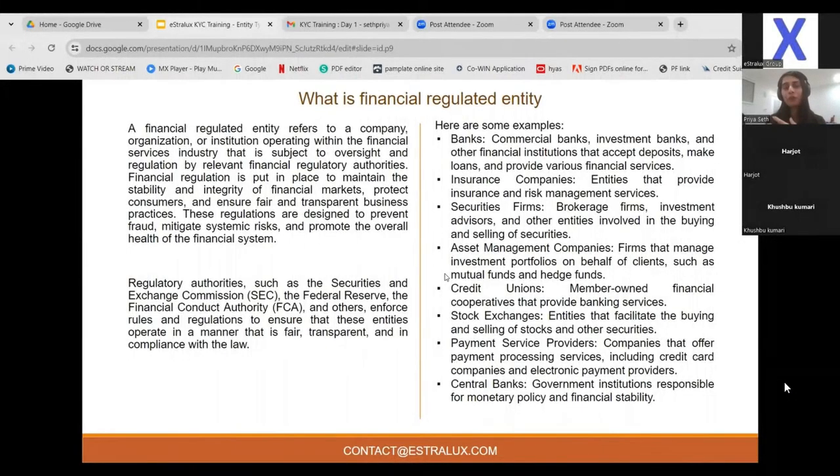They have to follow so many procedures and do so much documentation to have that regulation. These are the firms that must have regulation proof in order to deal with securities, asset management or credit unions, because they are dealing with lots of people's money. People have to trust them in order to give their money to them to secure. So that is why.